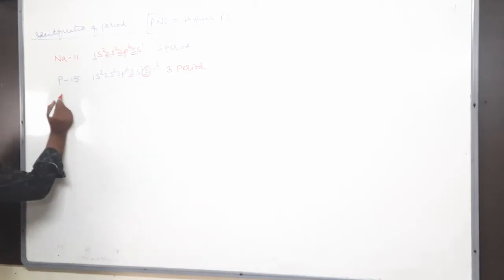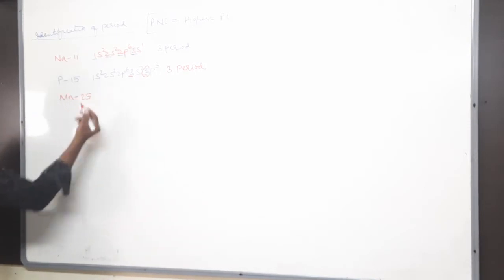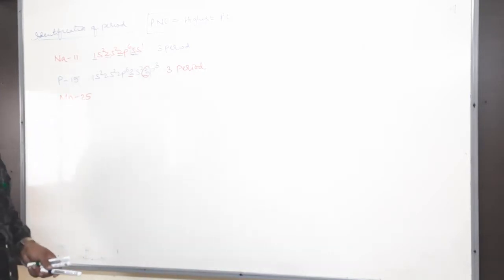One more example. Take manganese, atomic number 25. Identify the period. Write its electronic configuration.